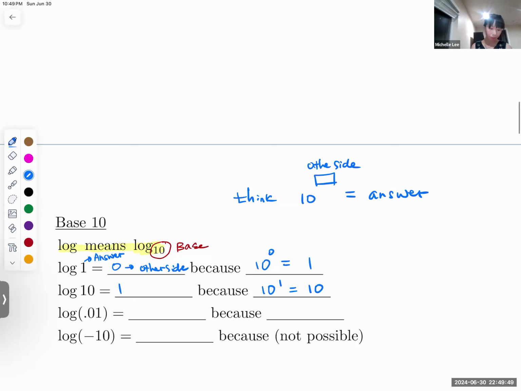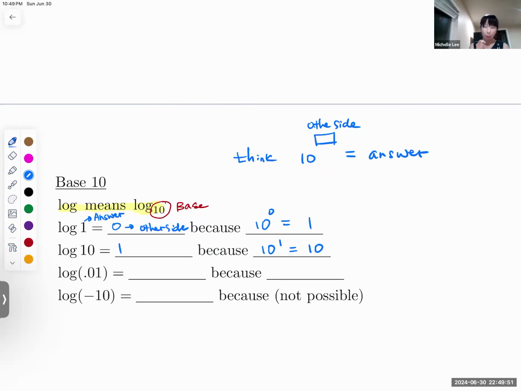Okay, now log 0.01. And then what's the blank? It's -1 because 10 to the -1 is 1 over 10. Oh, that's the point, right? Hold on one second. Yeah, I made a mistake, right?